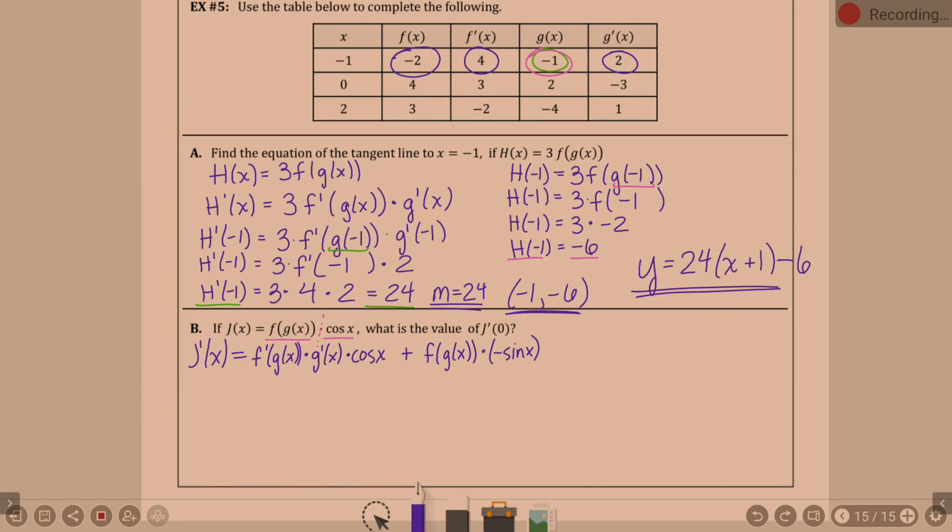I would just plug in 0 at this point. There's not really much cleanup that can be done. So j prime of 0, we're going to be doing f prime of g of 0 times g prime of 0 times cosine of 0, plus f of g of 0 times negative sine of 0.